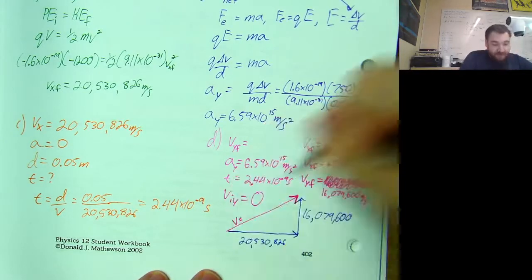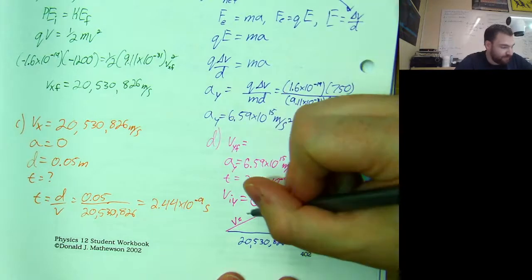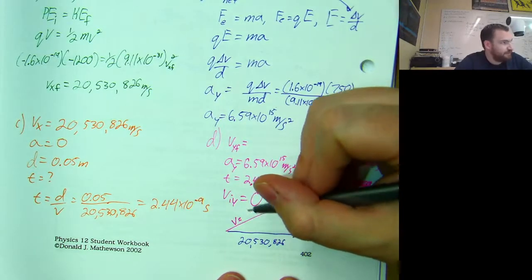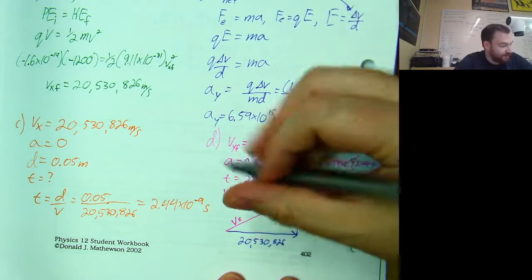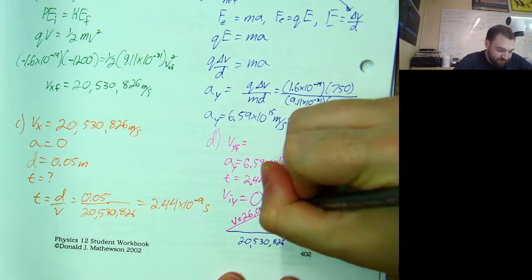So using Pythagoras, 20,530,826 squared plus 16,079,600 squared, square rooted, should give you a value somewhere in the neighborhood of 25 million. Well, that's in the neighborhood of 25 million. So you get 26 million, 78,000.